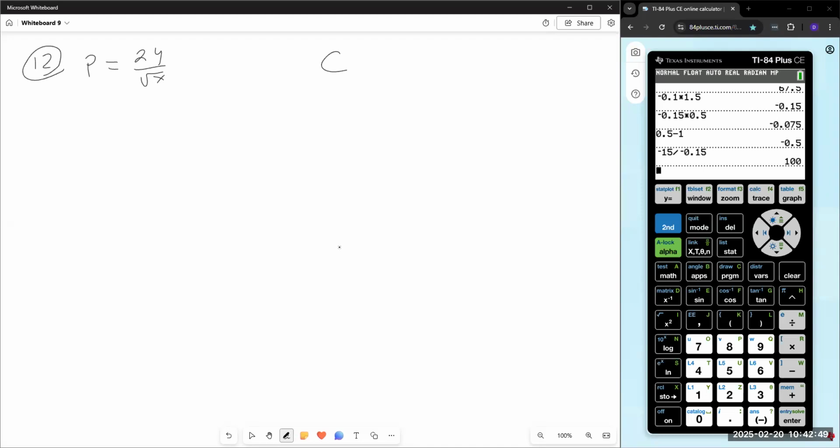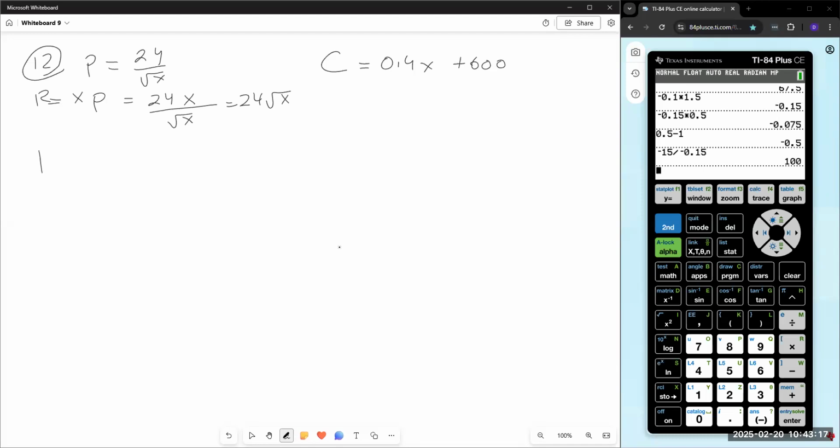It says that my cost function is 0.4x plus 600. So x times P is my revenue. It's 24x to the first divided by the square root of x, which is 24 times the square root of x for my revenue function.